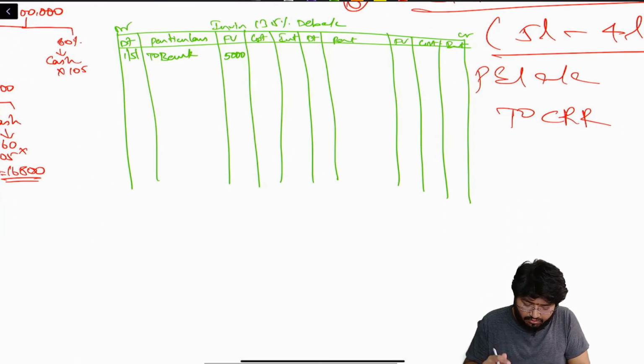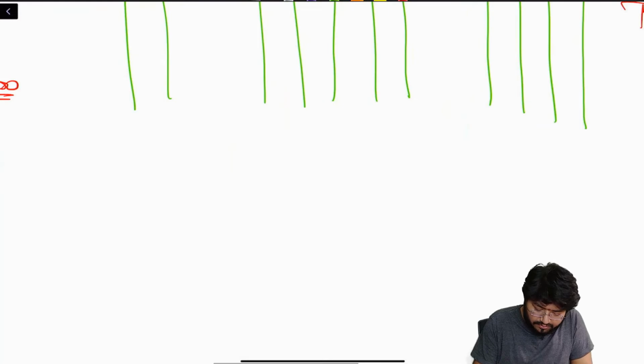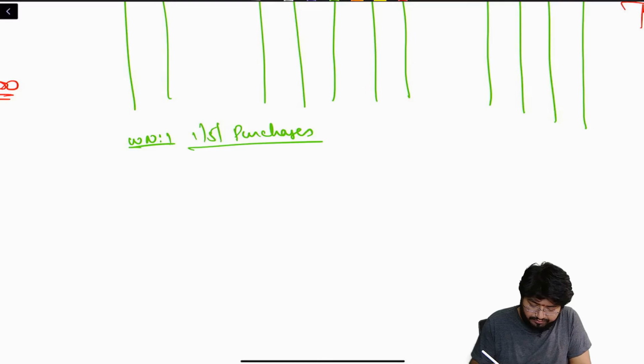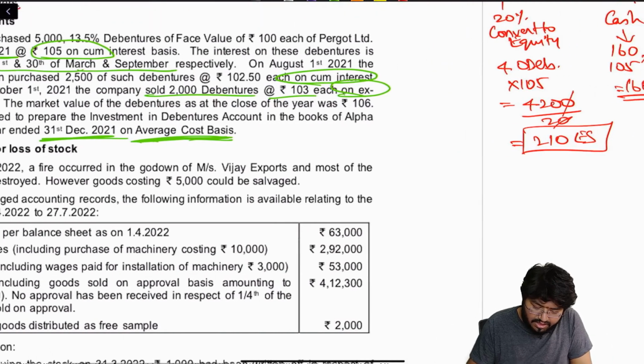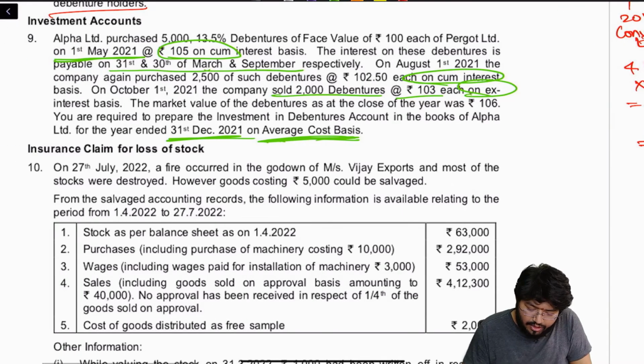Now let's do a working note. Working note 1, 1st of May purchases. So the purchase price given is 5,000 into 105.